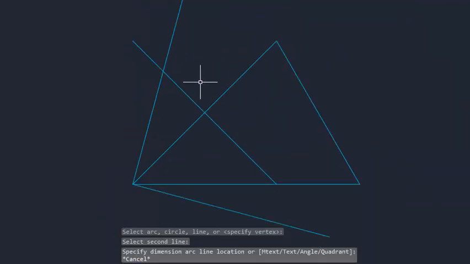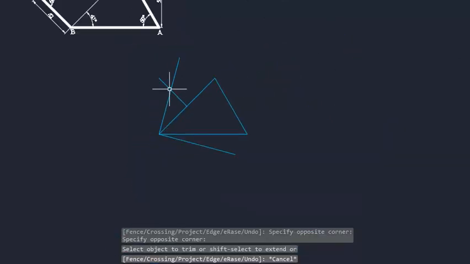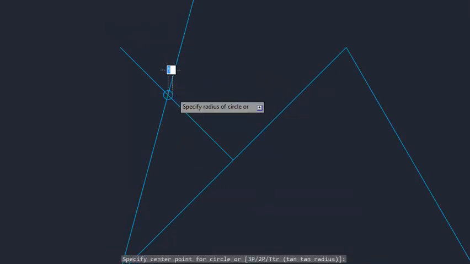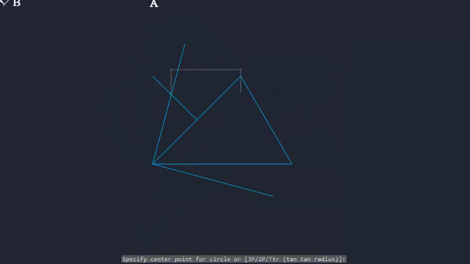So you note where the perpendicular intersects with the bisector of the triangle. So the perpendicular and the bisector are intersecting here. Where they intersect, I use it as the center, straight to the limits of the base, and I draw a circle there.